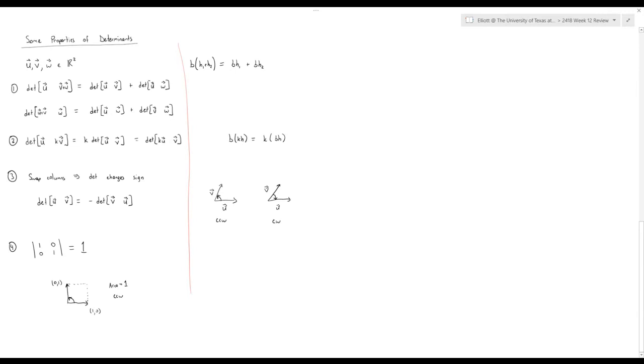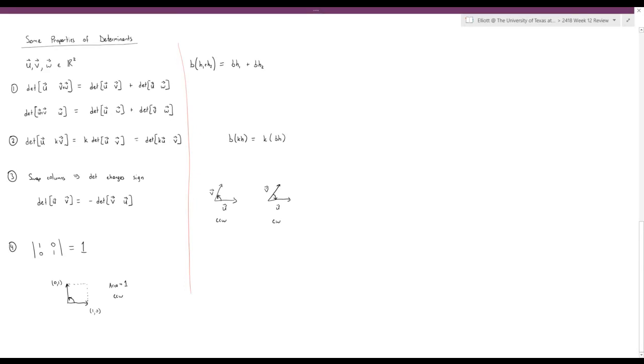Okay. Now I phrased all these properties for vectors in R2, so this is all for 2x2 matrices specifically, because here the first column has 2 components and the second column also has 2 components, okay?